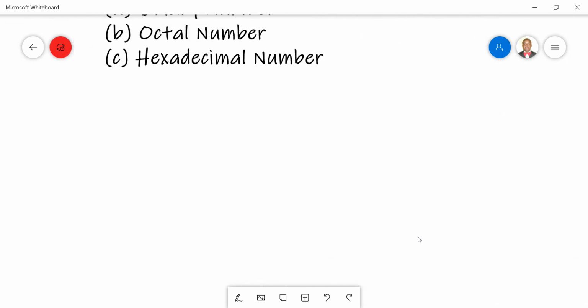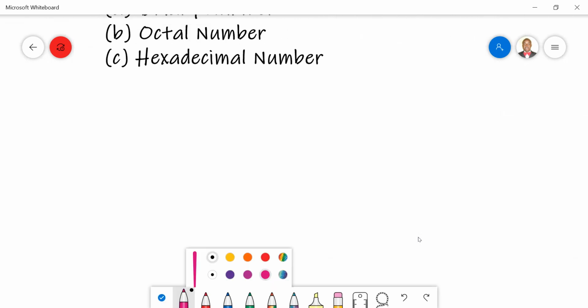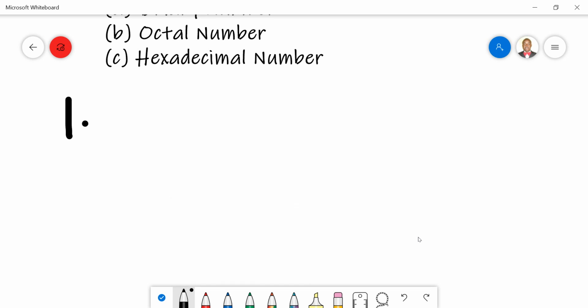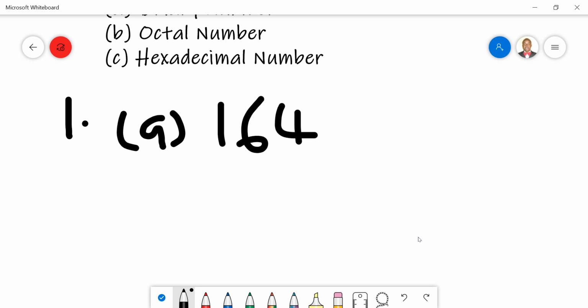Okay, so now I'm going to write it here underneath. We are answering question number 1A. We are given 164, which is of base 10. And we have to convert it to what?